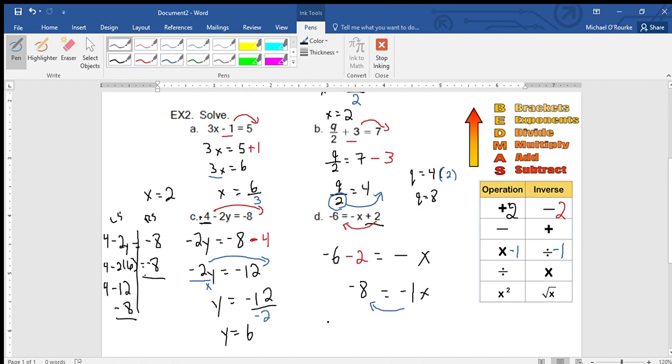So on this side, it's going to be negative 8 divided by negative 1 equals y. So therefore, y is going to equal a negative divided by a negative is a positive, and go from there. Okay? So hopefully that helps you out with two-step equations, and you can go do some practice questions.